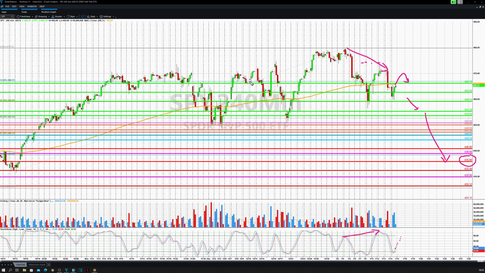You can see how many times it bounced from the 466. People bought here, here, here, and here. So maybe the sellers will move off, sell all the positions, and then the buyers will come to push it again.